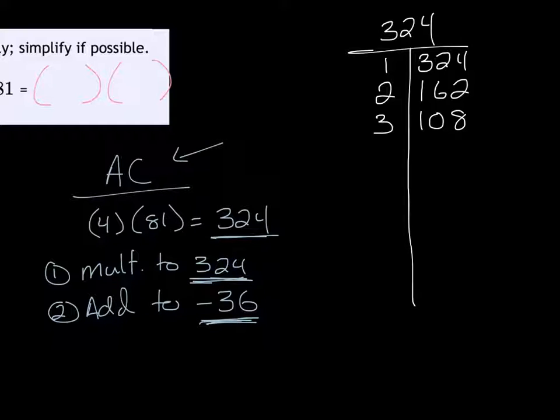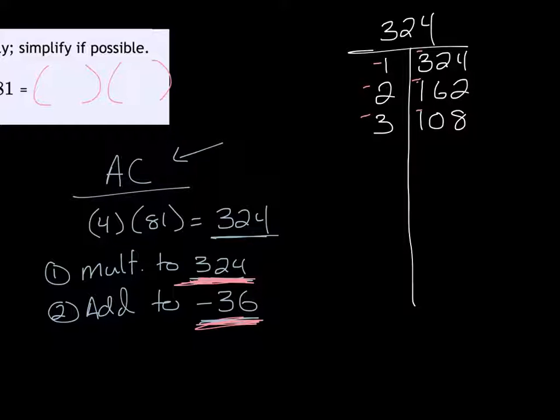I'm looking for two numbers that multiply to positive 324 but add to negative 36. The only way that happens is with two negative numbers. So I give negatives to both numbers in my pairs. They still multiply to a positive 324, but now they add to a negative number.